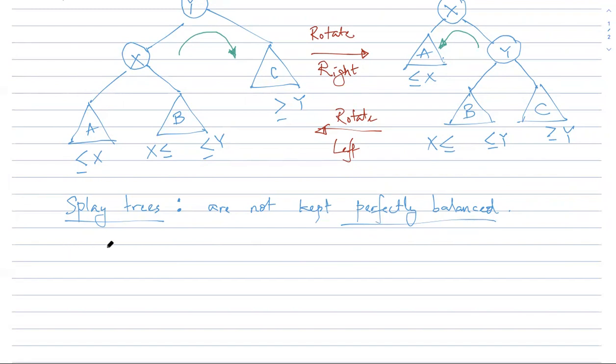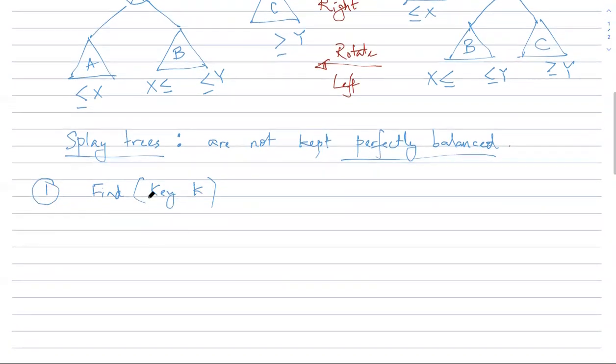So first, let's look at the basic operations that we are interested in. The first operation is the find operation, find or search, and you are finding a key of type key. Because fundamentally splay trees are binary search trees, you would expect that the find algorithm for the splay tree is going to follow exactly the same algorithm as the binary search tree.